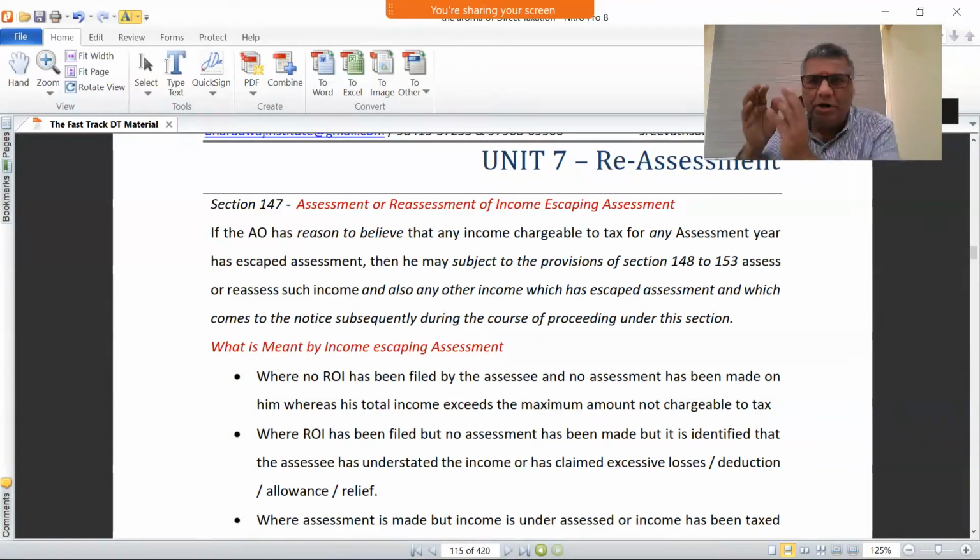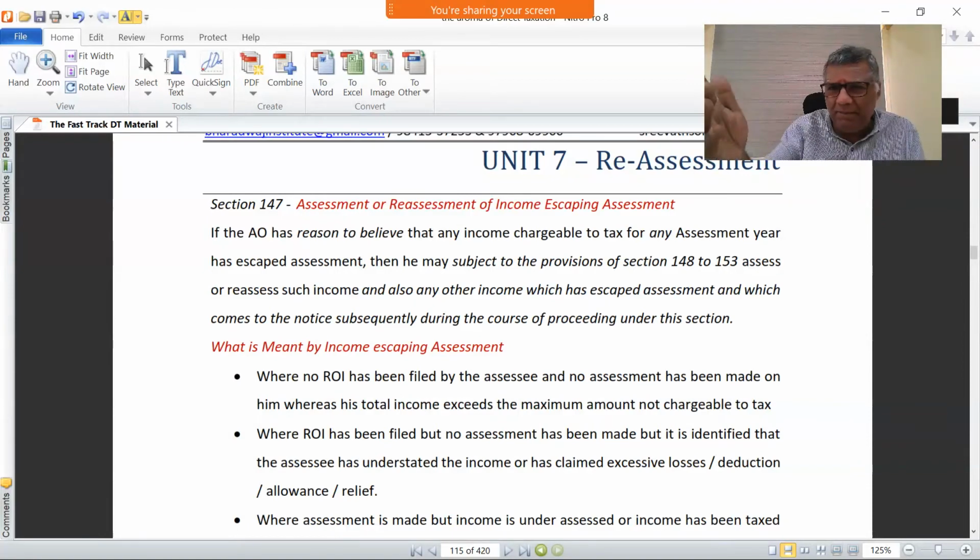Now, let me go into the second part of my discussion. The scrutiny assessment notice was not issued. There was no need; the computer did not pick up your case. Now I get information when I am assessing.